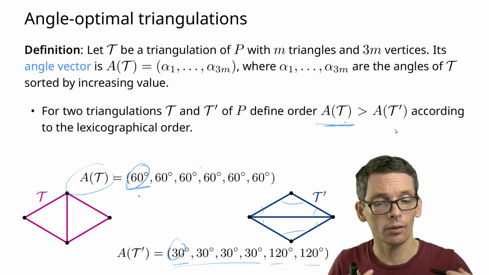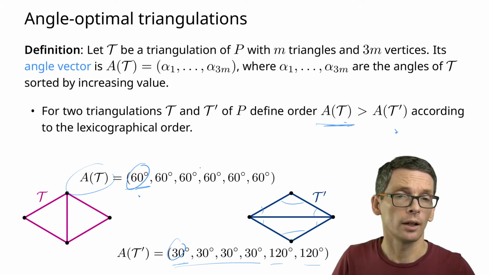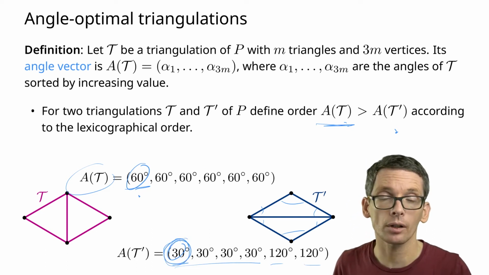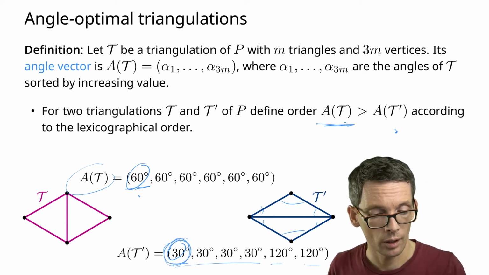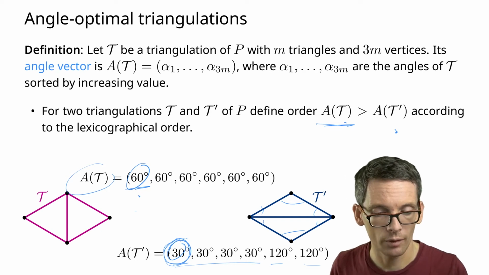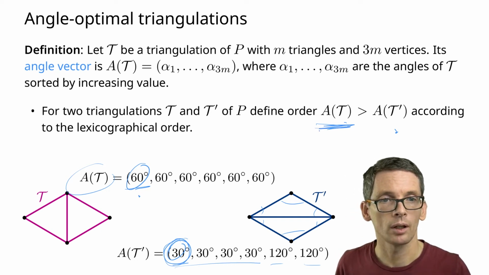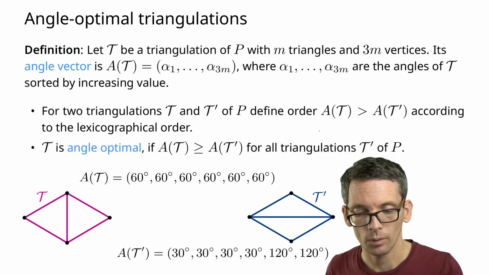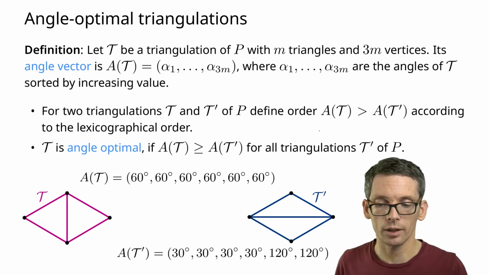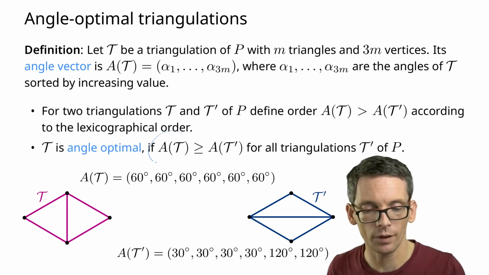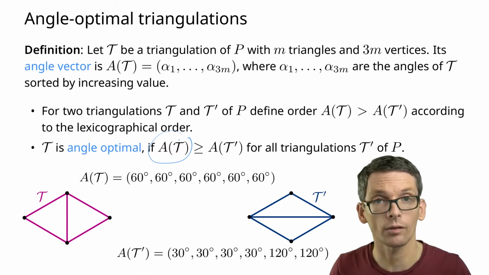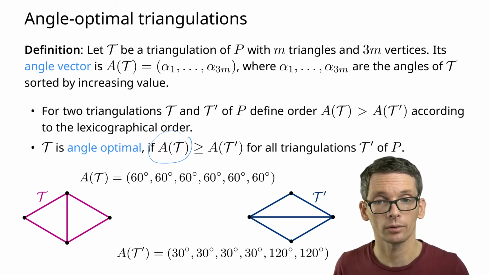In terms of angle optimality and avoiding small angles, we would now want to say that this one is not so good. So we're going to take the triangulation that is maximal with regard to this ordering. So we say a triangulation is angle optimal if its angle vector is larger or equal to the angle vector of any other triangulation.